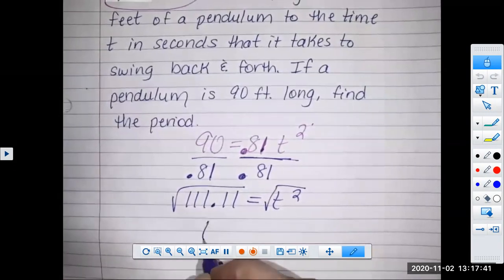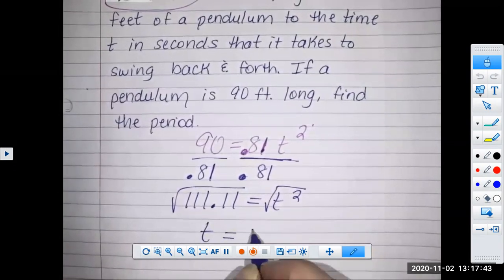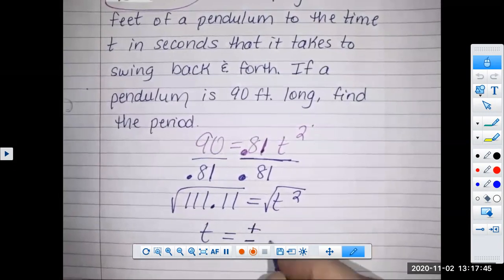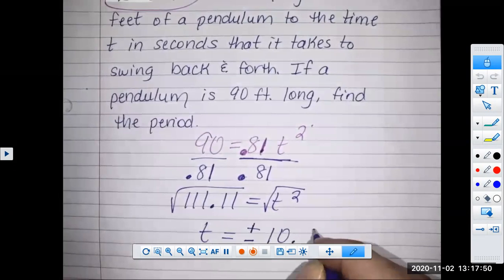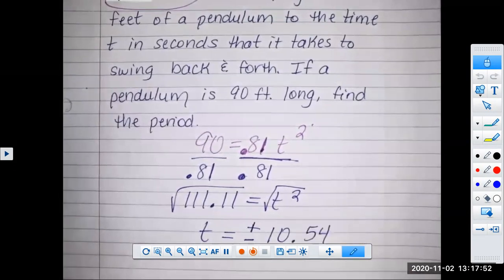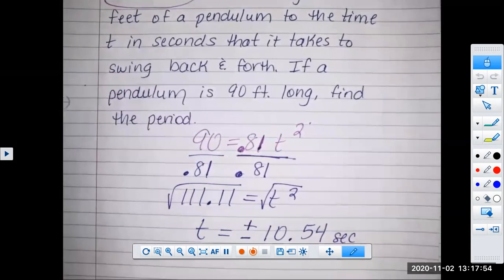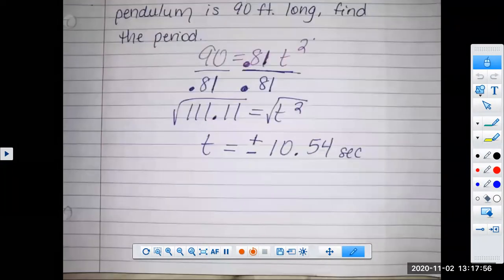Okay, you get t equals positive or negative 10.54 seconds.